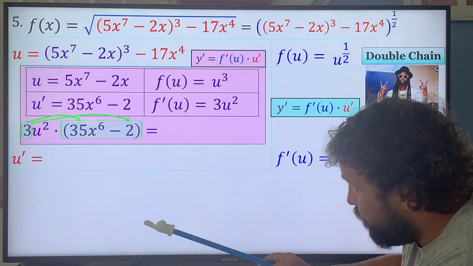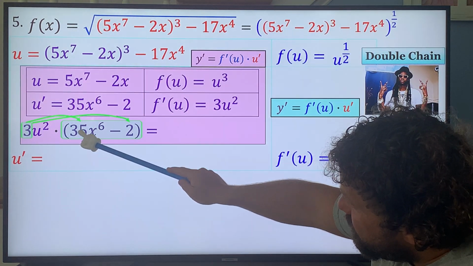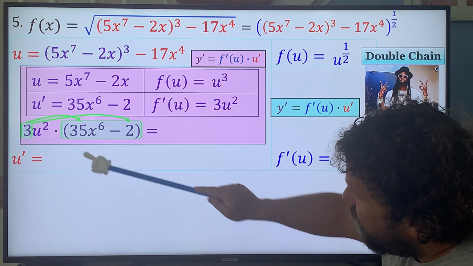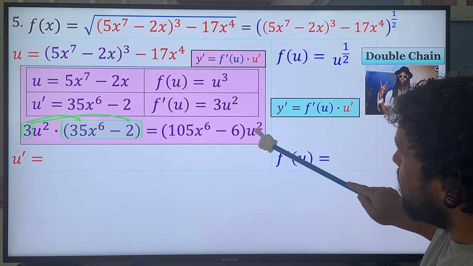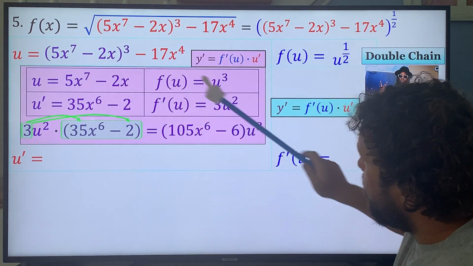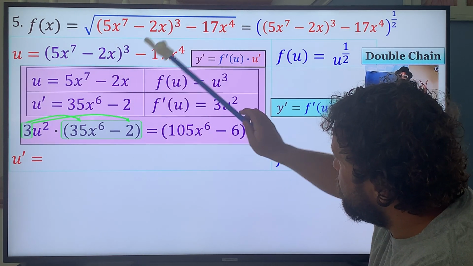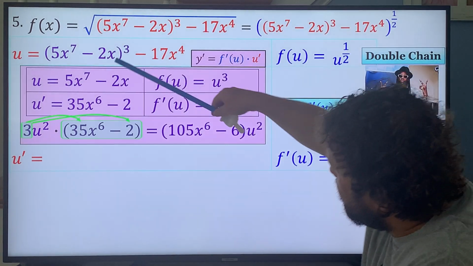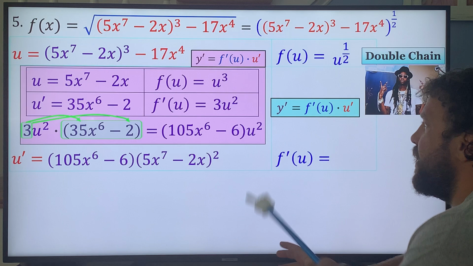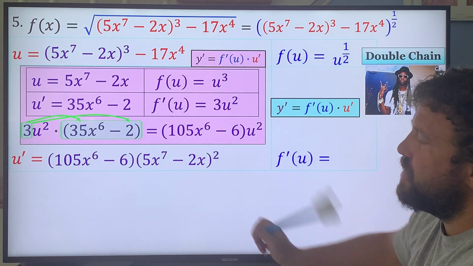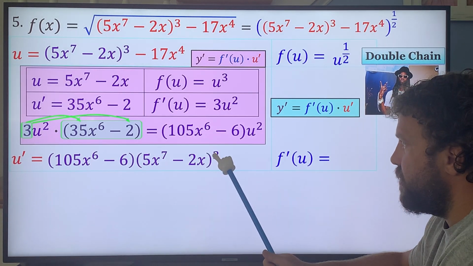So it's 3 times the u prime. We're going to distribute it. That's 105x to the 6th minus 6 times u squared, and then that u, we can almost do an arrow. This u goes in there. All right, so it's 105x to the 6 minus 6 times 5x to the 7th minus 2x squared.